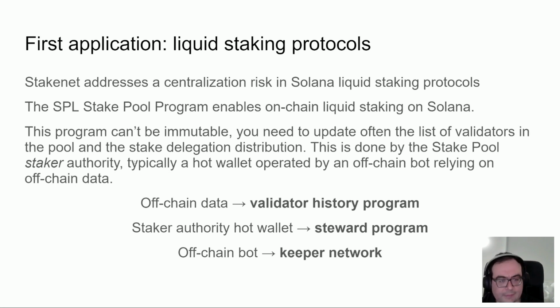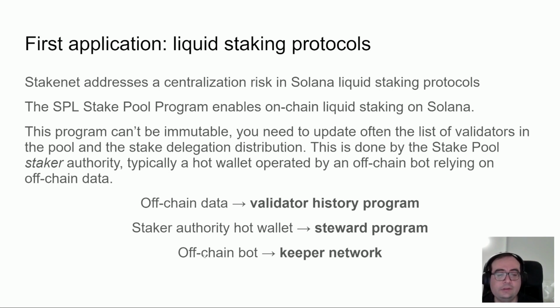Very nice. Then the staker authority, instead of being just a hot wallet, will be delegated to an on-chain program. It's called here the Steward Program. And this will be the program in charge of using this on-chain data to modify the distribution of the stake, to include more validators, to exclude other validators. So it's a program and not just a hot wallet that does this.